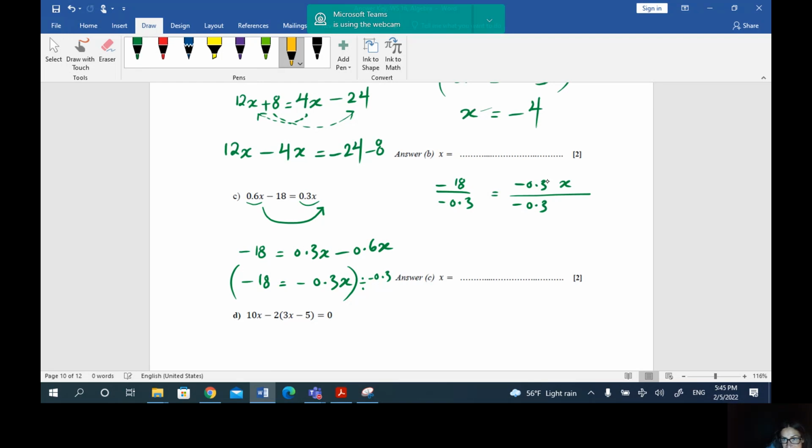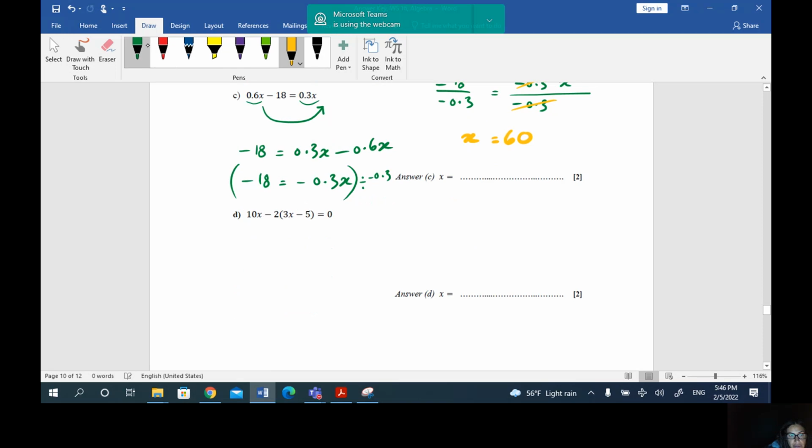So obviously this is cancelled with this. So the x will be negative 18 divided by negative 0.3. The answer will be 60 for x.